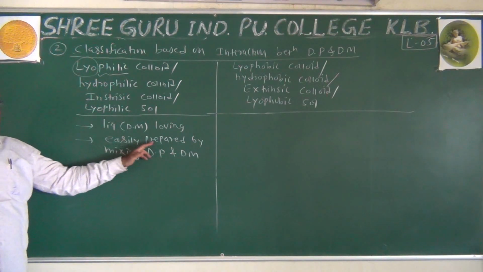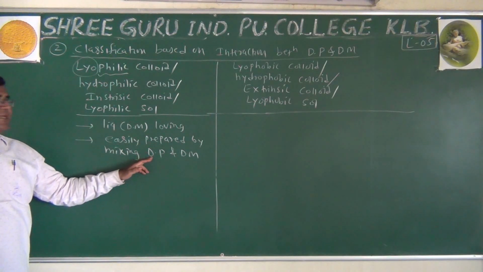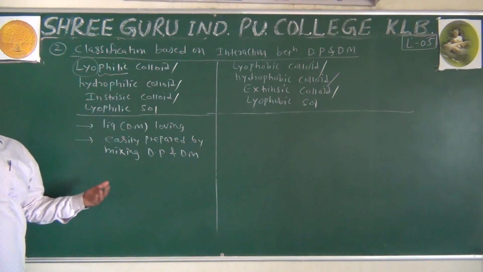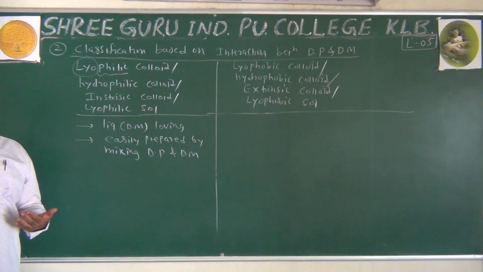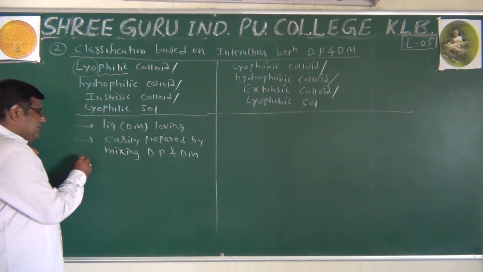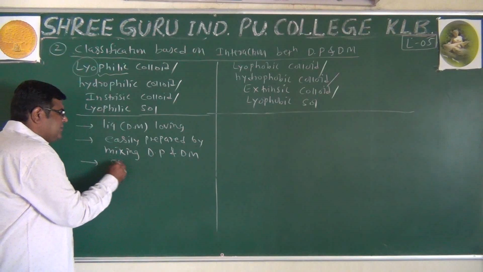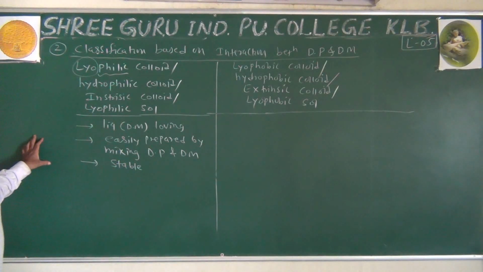They are easily prepared because inherently they have attraction. That's why they are called intrinsic. By their own, internally, they have affinity of DP and DM. That's why this system is easily prepared. That's why it is stable also, because if DP and DM have stronger interaction, it is bound to be stable.